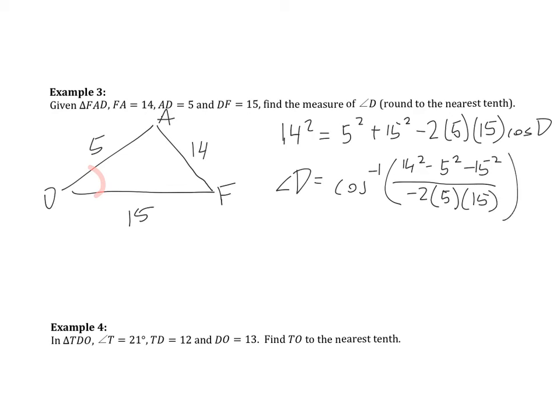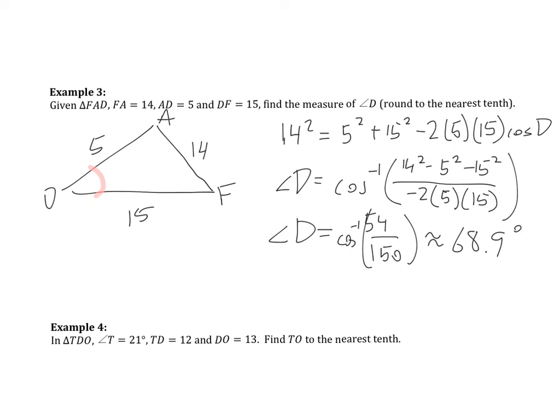That's fine too. When you do this, rounded to the nearest tenth, you should get the inverse cosine of 54 divided by 150, which is approximately 68.9 degrees. That was pretty straightforward.